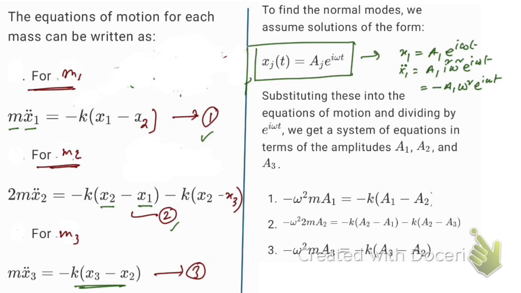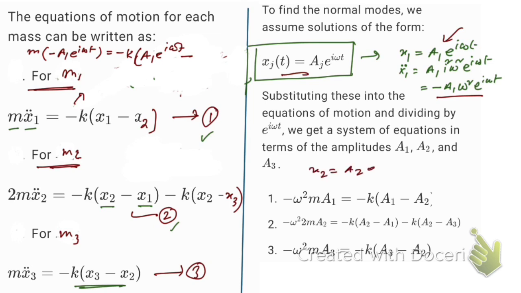From the first equation, instead of x1 double dot we put minus a1 e to the power i omega t. On the other side, minus k, instead of x1 we put a1 e to the power i omega t, then minus x2, which from this solution is a2 e to the power i omega t.